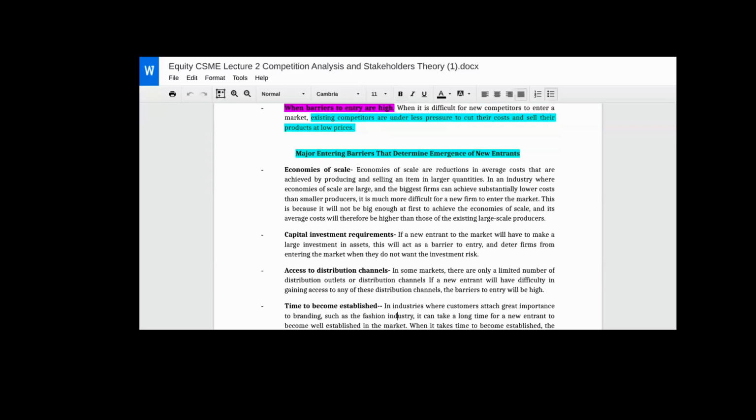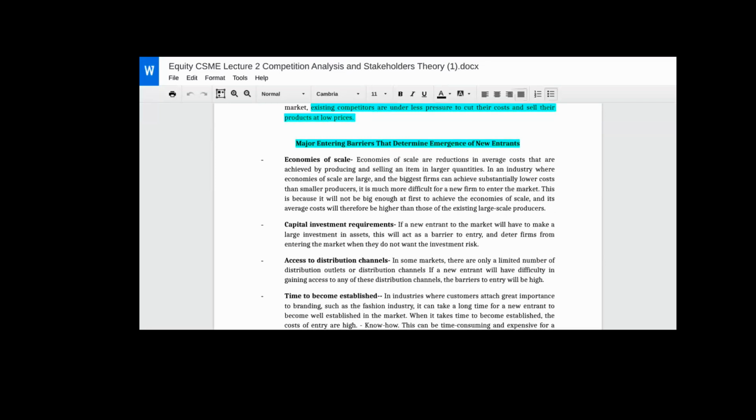Even in the automobile industry, you can see Tesla here and there, Toyota Corolla, Nissan, all those brands that we've known in the past. It's very difficult for a new brand to become so established like that, unless God just assists the company that has that brand as a strategic asset. So time of establishment takes a lot of time.